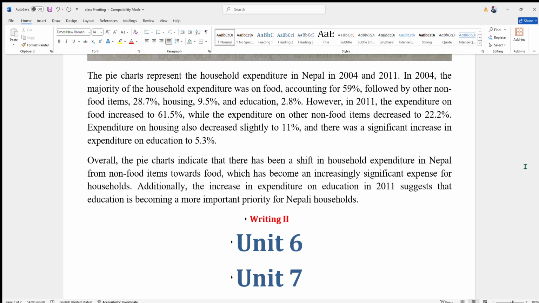However, in 2011, then we have to move towards the pie chart of 2011. The expenditure on food increased to 61.5%, while the expenditure on other non-food items decreased to 22.2%.